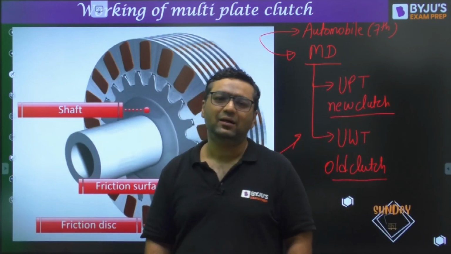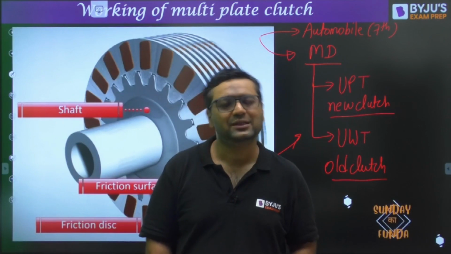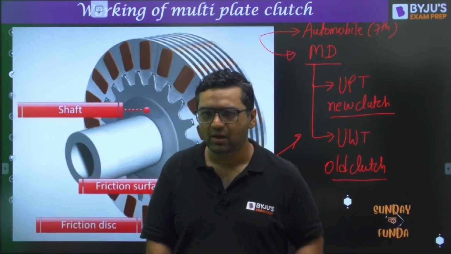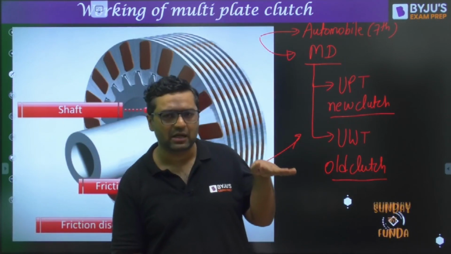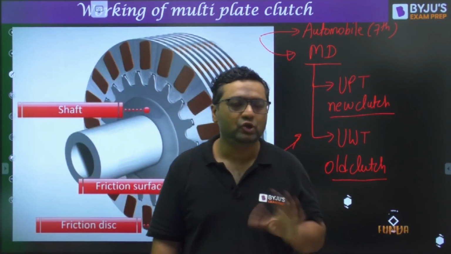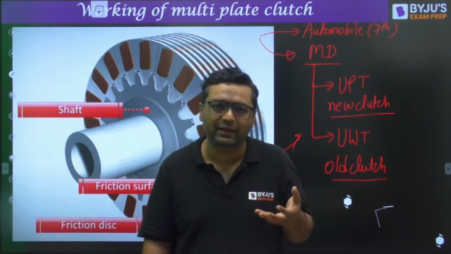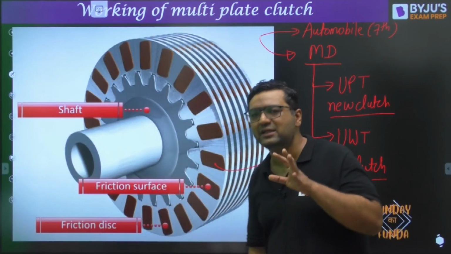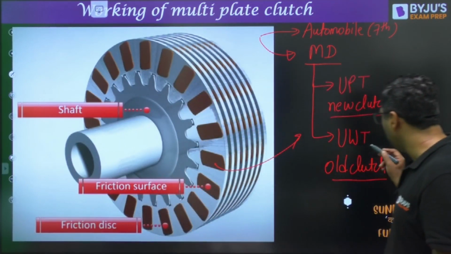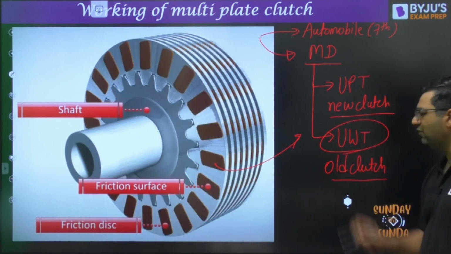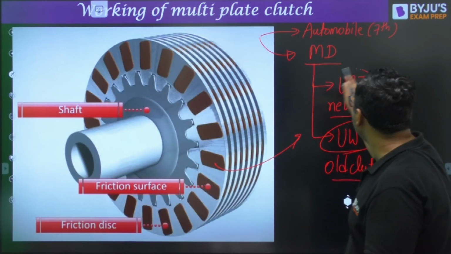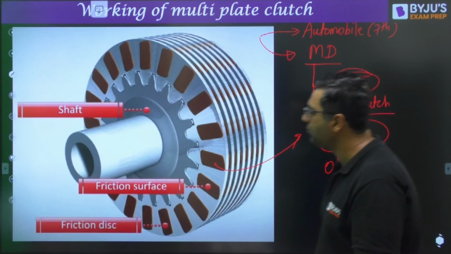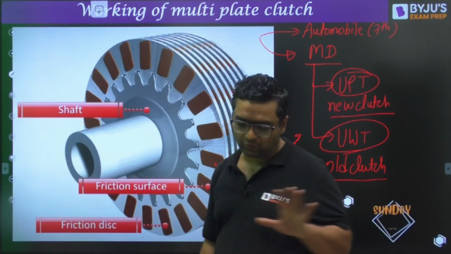So guys, you will ask when a clutch will be old. Just after the first instant, because when you start using a clutch, it will become old. We are not saying how old, how many years old. No, not like that. So majorly, if someone is not specifying, then you will always go with uniform wear theory for clutches and uniform pressure theory for bearings. Okay. So this is how the things are going to happen.